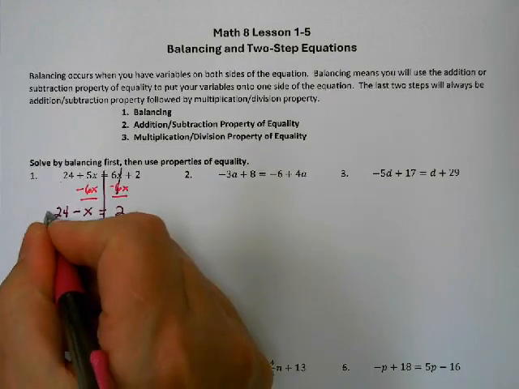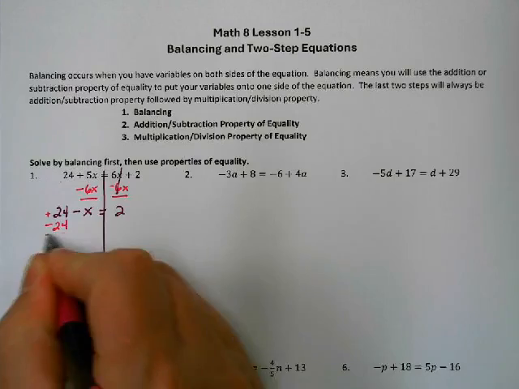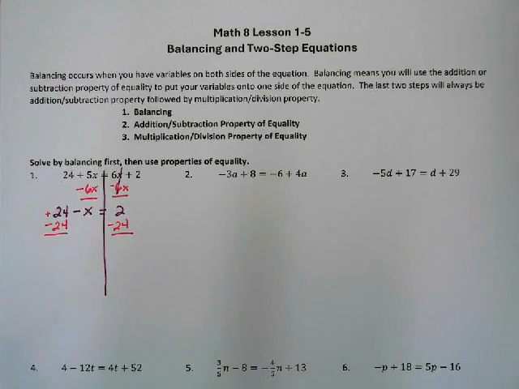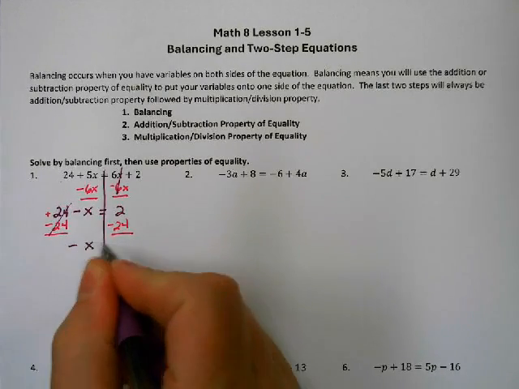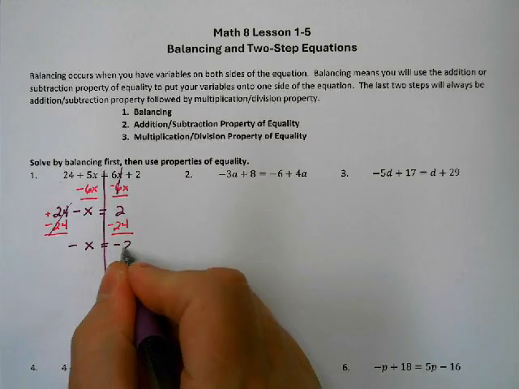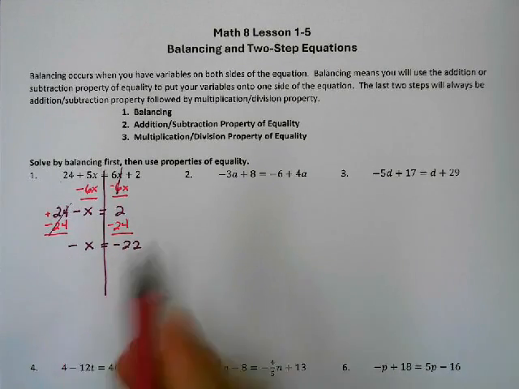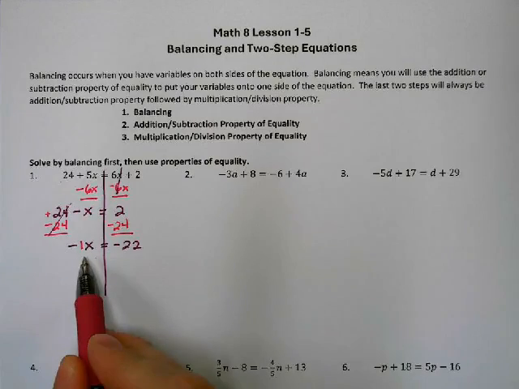This is positive 24. So I'm going to subtract 24 from both sides. All right, that leaves me with these canceling. I get negative x equals negative 22. Remember that negative is not just a negative, it's a negative 1. So we've got a 1 over there. So this is negative 1 times x.